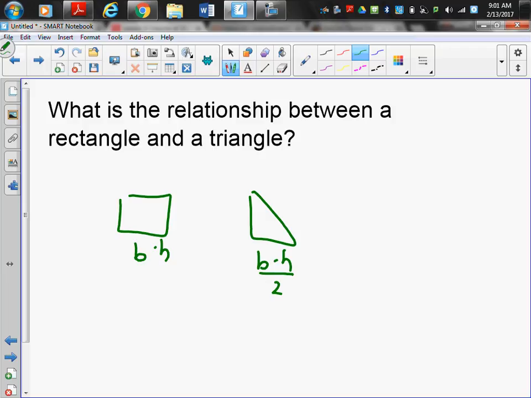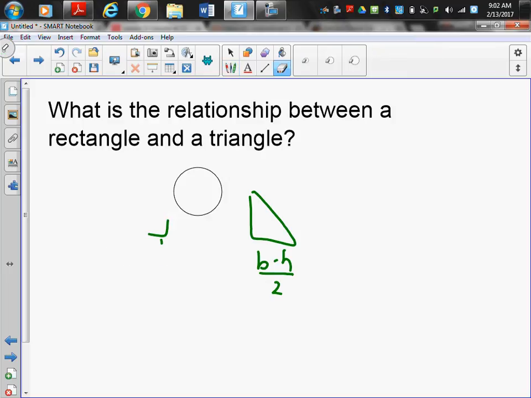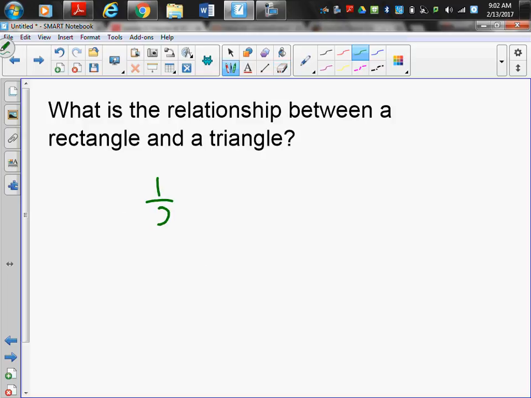Always. So your triangle will always be 1/2 of a rectangle. A triangle is 1/2 of a rectangle.